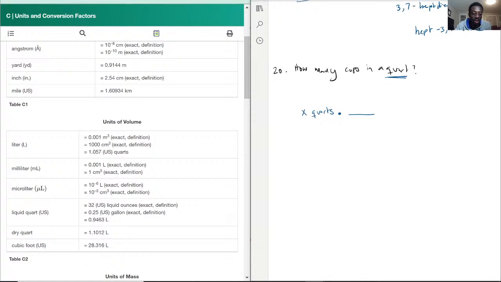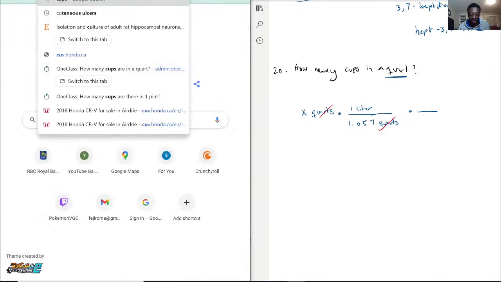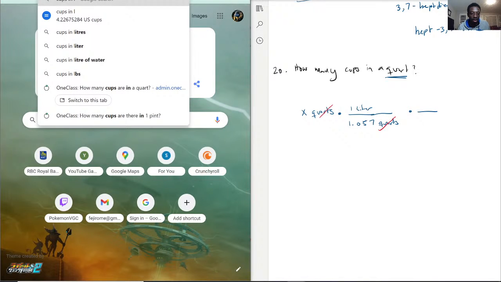And then we want to get that over to liters, because for every liter, there is 1.057 quarts according to this conversion sheet. Alright, and so these units now cancel out. So now we're dealing with liters. How many liters, well, how many cups are in a liter? Cups in liter.